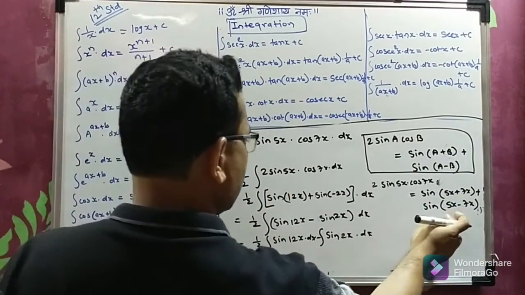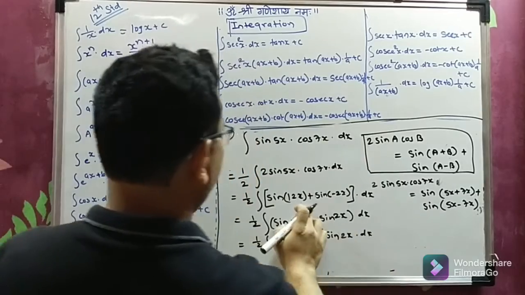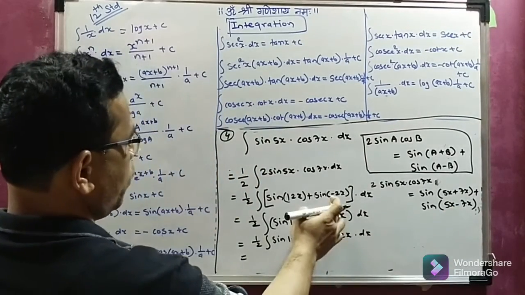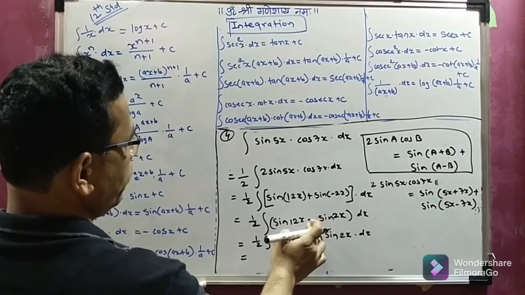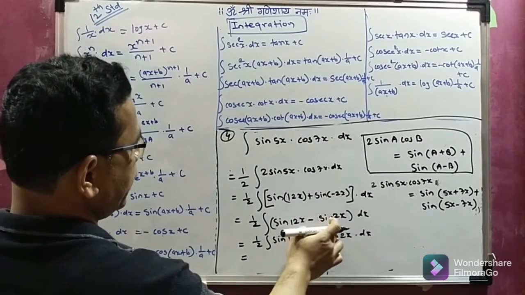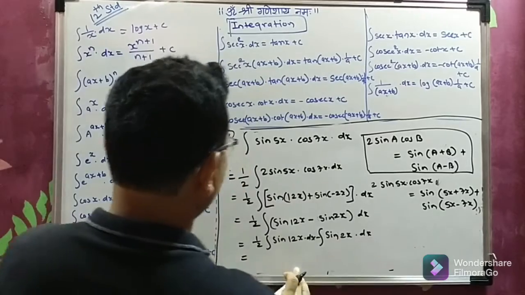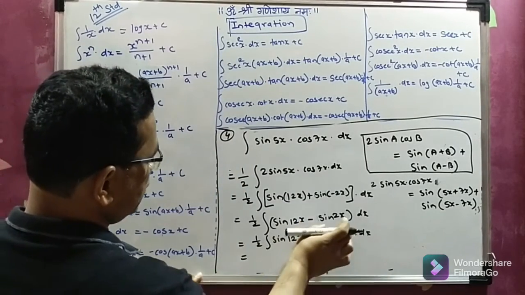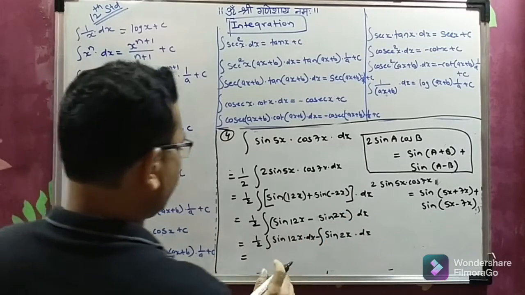Sin 12x plus sin minus 2x, so I have written minus sin 2x dx. Now I am going to integrate this sin 12x and sin 2x individually.